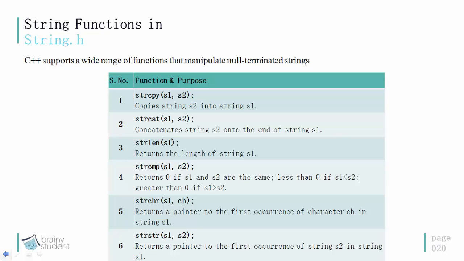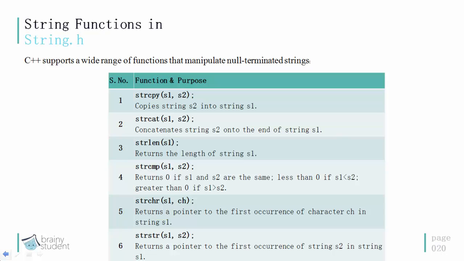So next we have strchr. It returns a pointer to the first occurrence of character ch in string s1. Means this is for a string character. We are finding the character. It returns a pointer to the first occurrence of the character. And then we have strstr. It returns a pointer to the first occurrence of string s2.